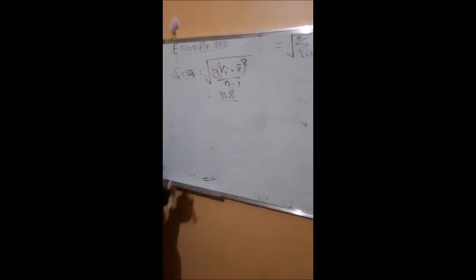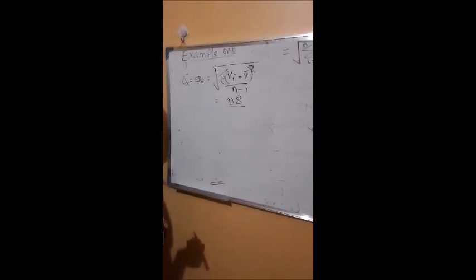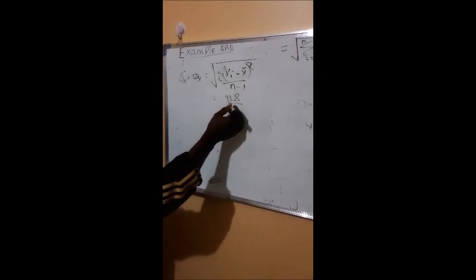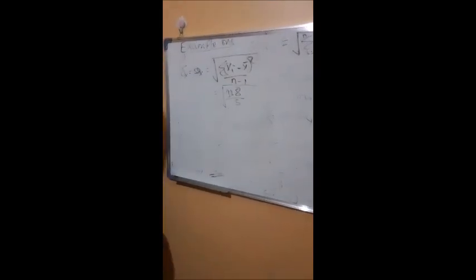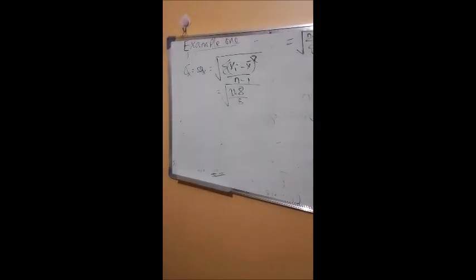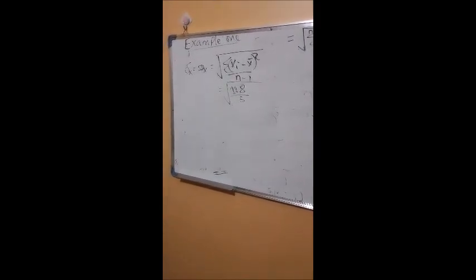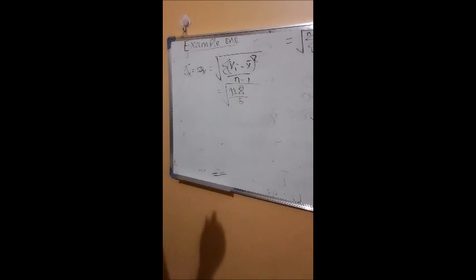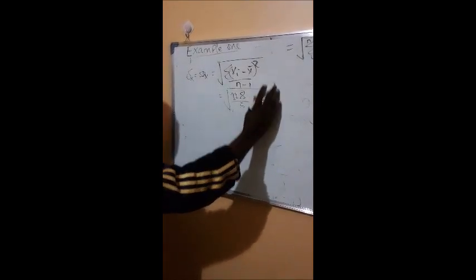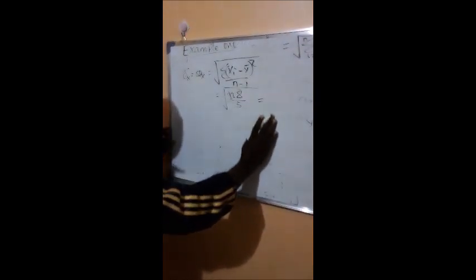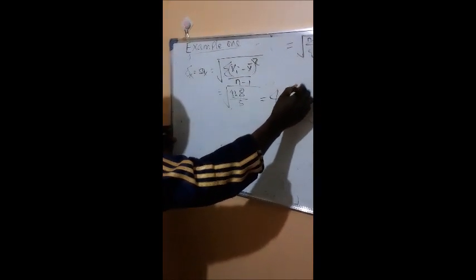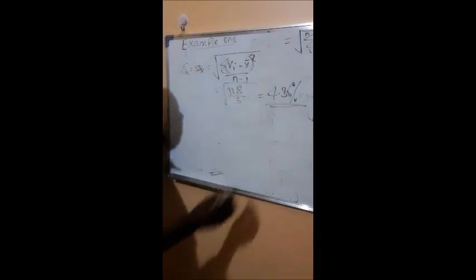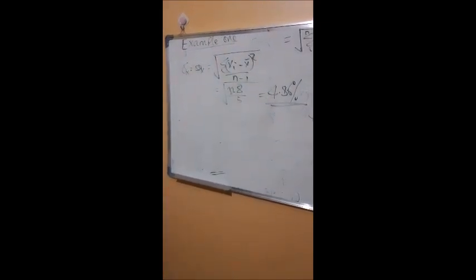We divide by n minus 1. Our n is 6, so you divide by 5 and take the square root. The standard deviation or the total risk for share X will be equal to 4.86.